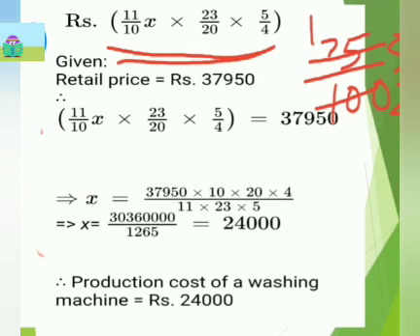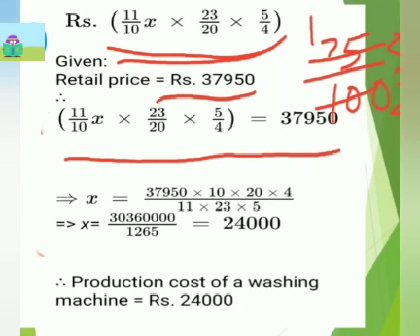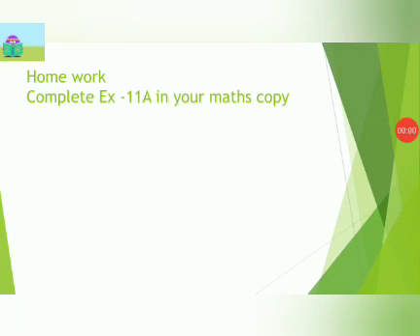And now this selling price will be equal to the retail price of that washing machine. So equate it. After equating, as you all are aware how to solve the linear equation, so let's solve it. So the value of the washing machine will be how much? 24,000. That means the production cost of the washing machine is 24,000.